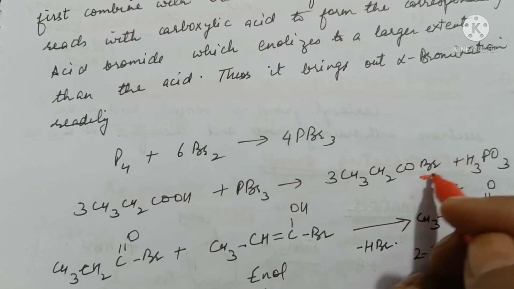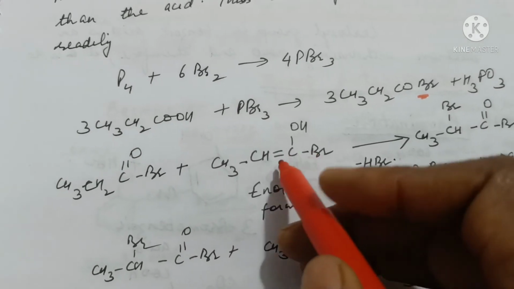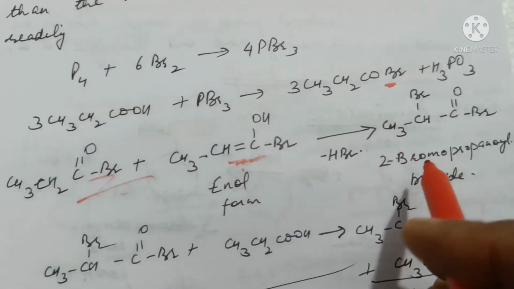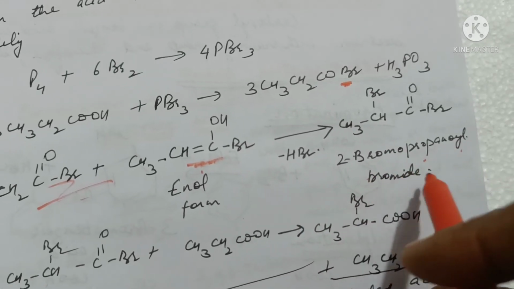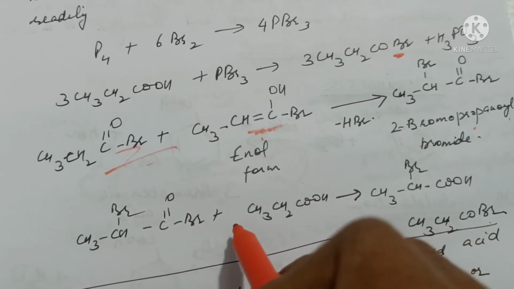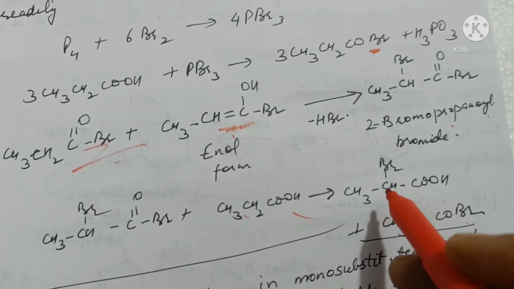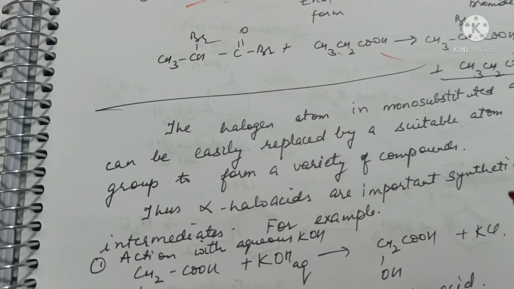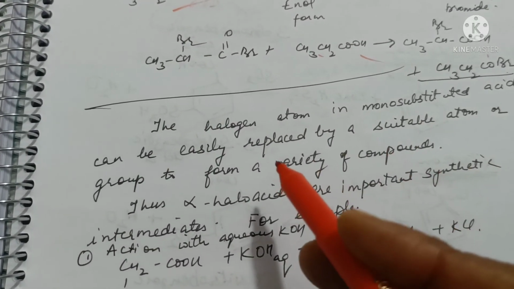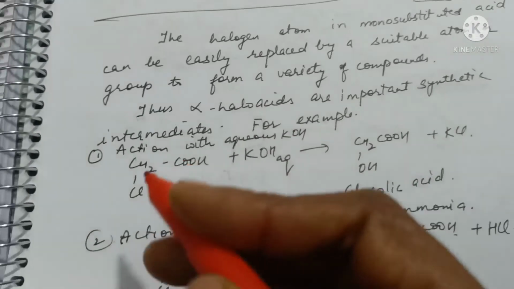This acid bromide will get converted to its enol form, which will react with the bromine to form the 2-bromopropionyl bromide, which will then react with acetic acid and form alpha haloacetic acid. The halogen atom in the monosubstituted acid can be easily replaced by a suitable atom or group to form a variety of compounds.